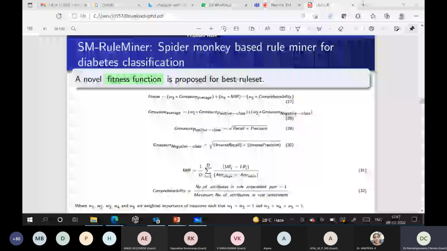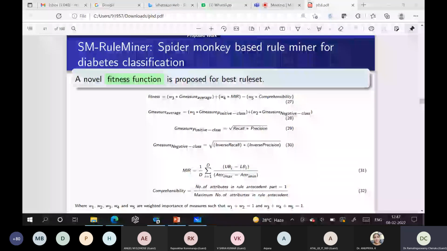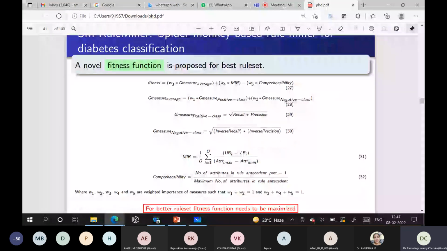That is important, right? Now, not only should we balance both the first and next class data, we should also generate comprehensible rules. To generate these comprehensible rules, we have introduced a concept called comprehensibility. How do we measure the comprehensibility?